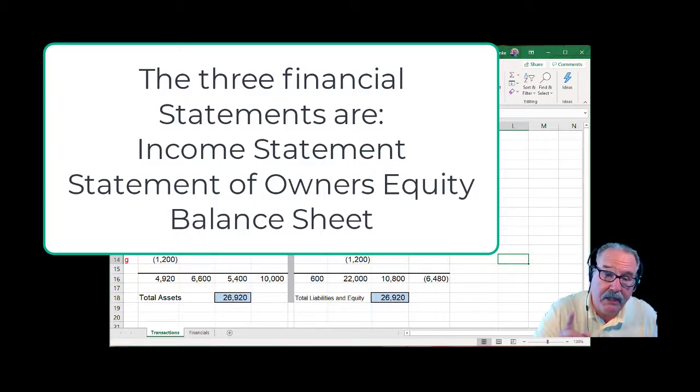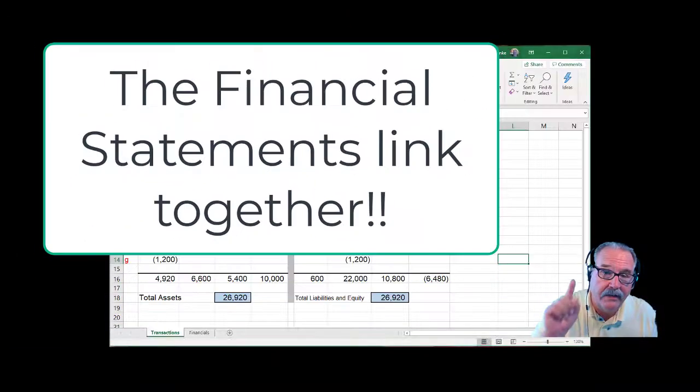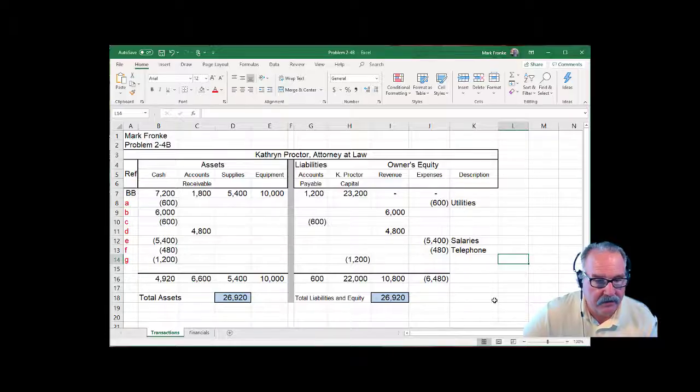And they have to be prepared in that order: income statement, statement of owner's equity, and then the balance sheet, because they link together. And I'll show you how that works. So I'm going to use these numbers to prepare these three financial statements.